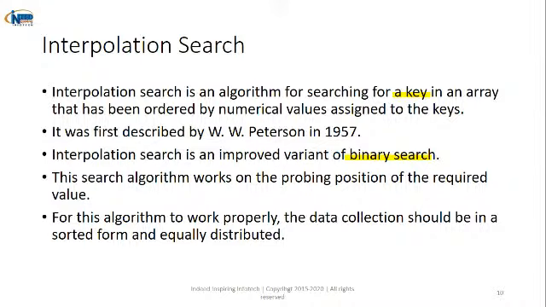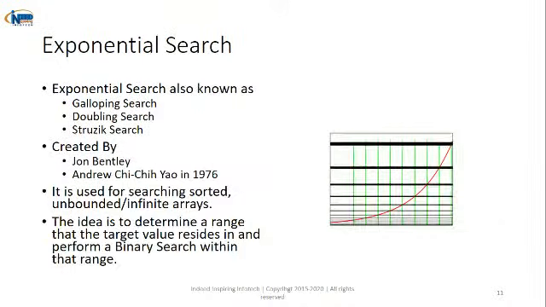But what is additional here? There is an ordering done with numerical values assigned to the keys. The condition for interpolation search is that the data collection should be in sorted form and equally distributed.